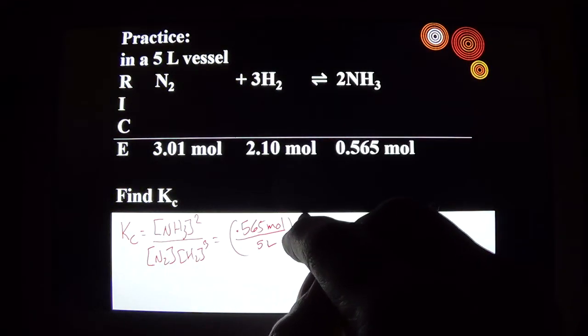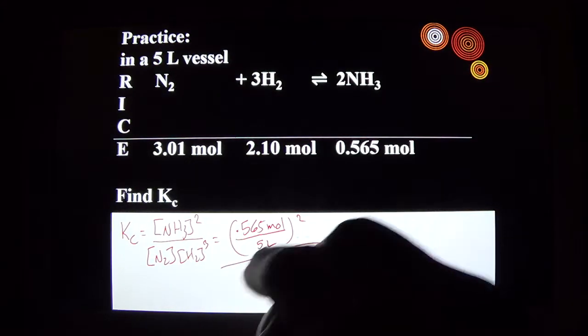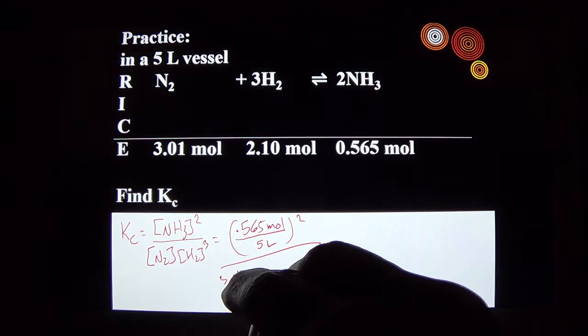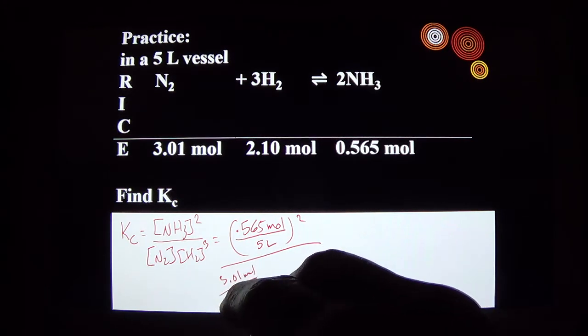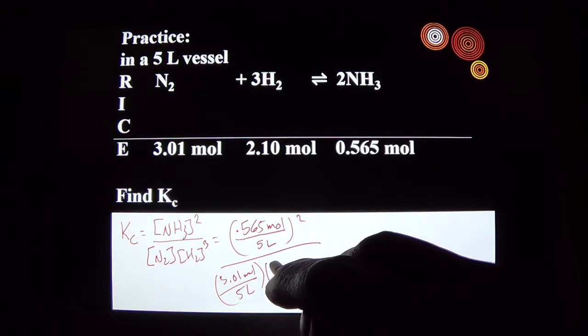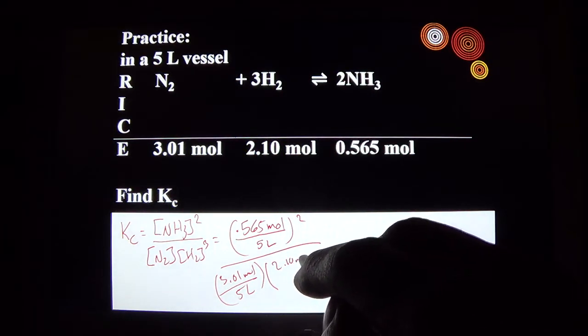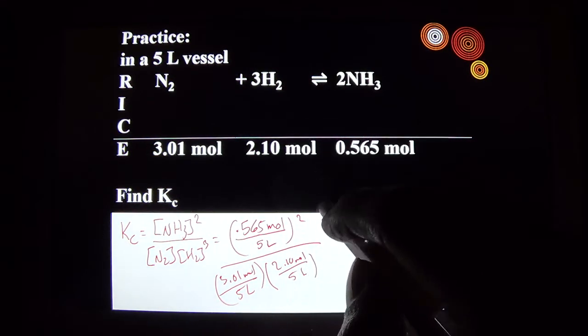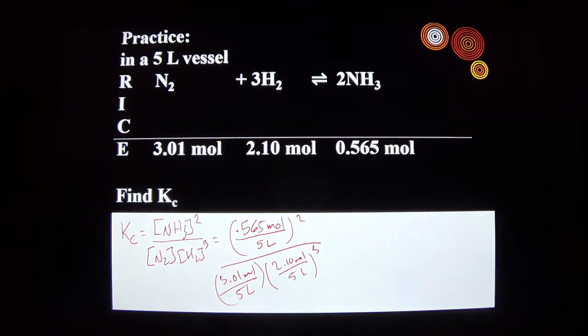And that's going to be squared. And my N2 is 3.01 moles, also in 5 liters. And my H2 is going to be 2.10 moles, also in 5 liters. And that's going to be cubed.